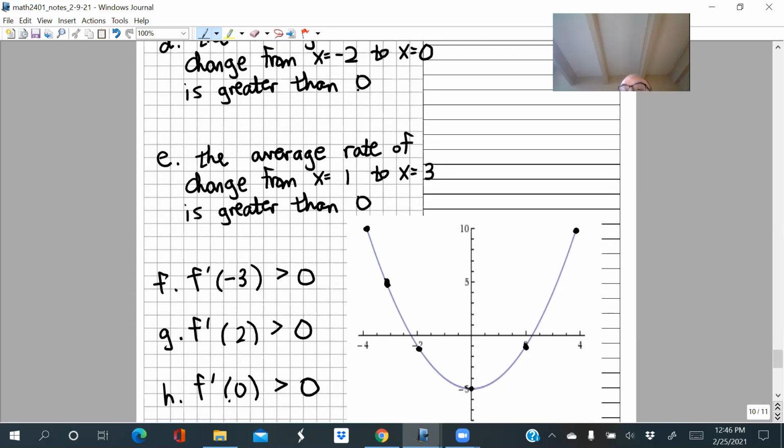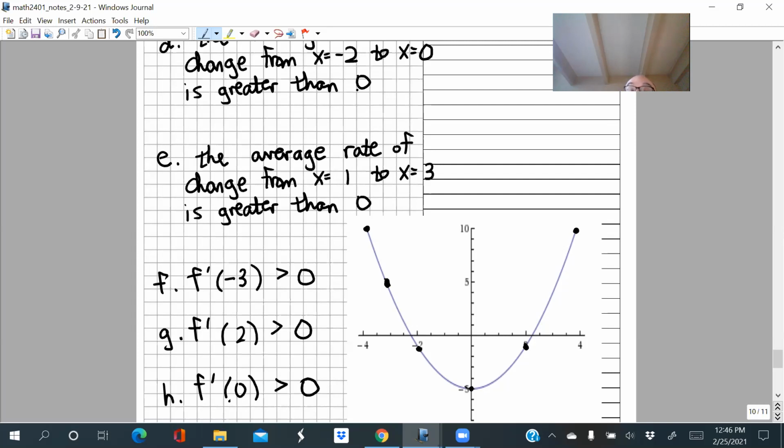But what type of line? Tangent. Close. Average rate of change is not a tangent line, but what kind of line? Secant, right? So average rate of change is the slope of a secant line.